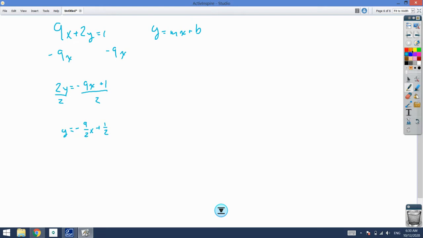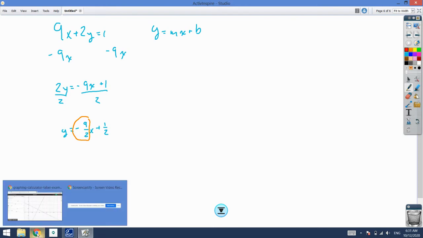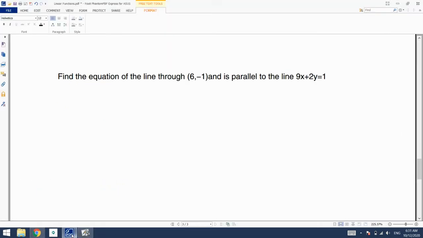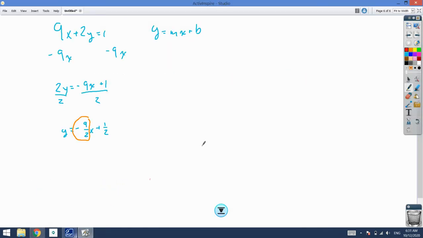The slope, of course, and don't forget that negative out front, is negative 9 over 2. But we want it to go through the point (6, negative 1).